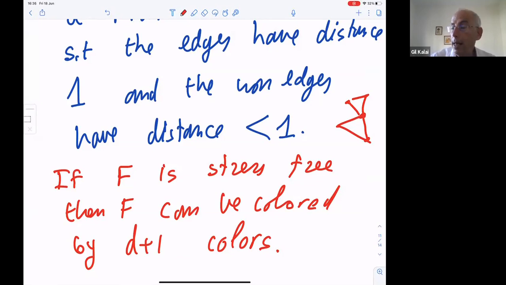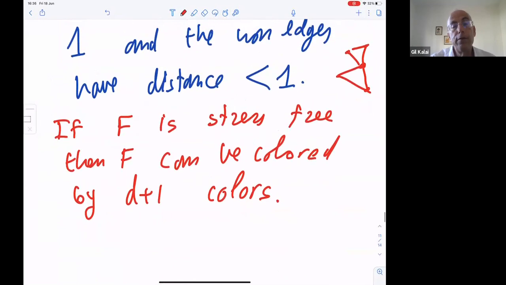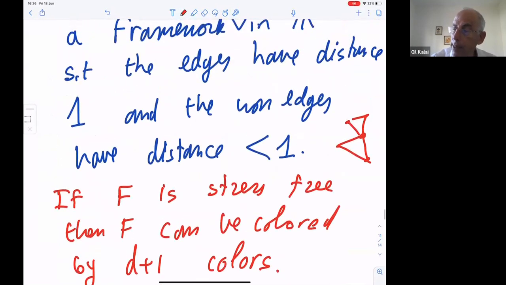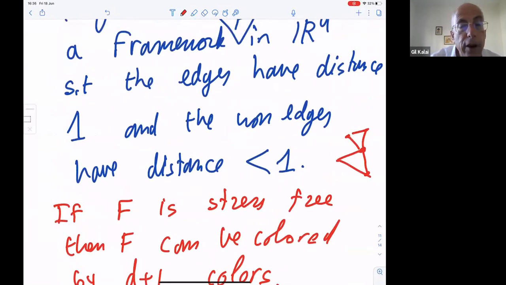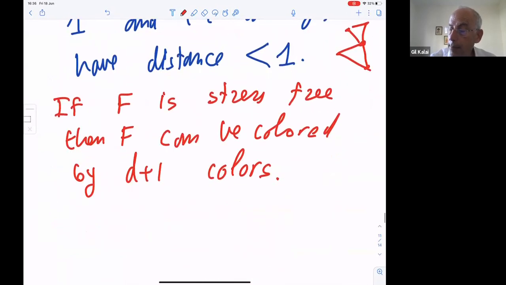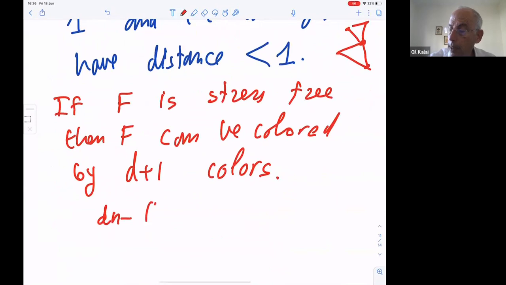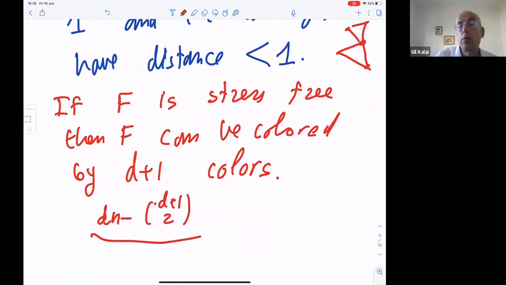This is a conjecture of a very different nature, because the number of edges in a stress-free framework is at most d times n minus (d+1 choose 2). So there will always be a vertex of degree at most 2d, and therefore the number of colors needed is at most 2d.